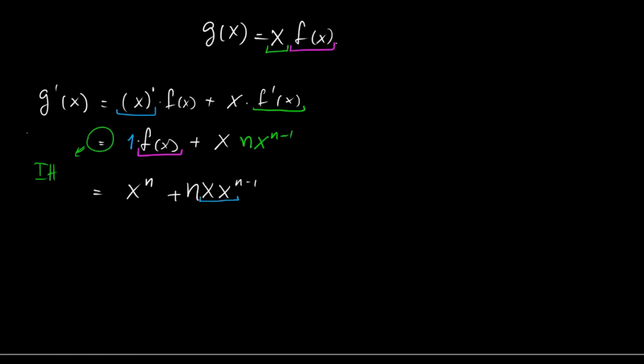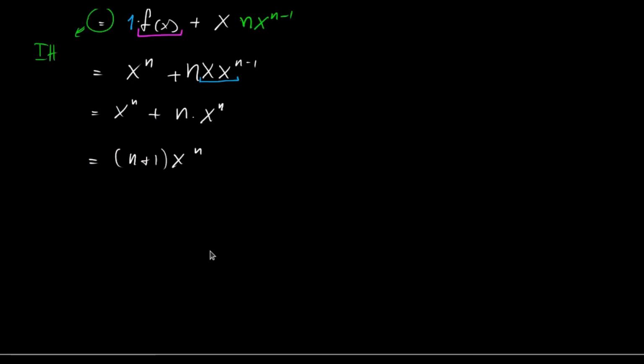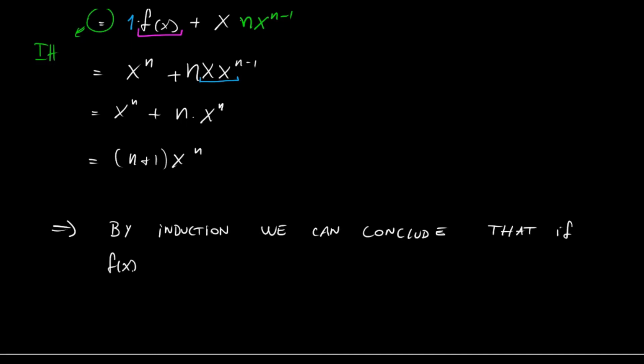X times x to the n minus 1 is just x to the n. And now we can just rewrite this as n plus 1 times x to the n. So with all this, we get that by induction we can conclude that if f of x was x to the n, then f prime in x is n times x to the n minus 1.